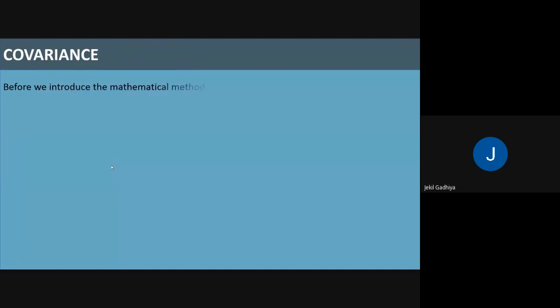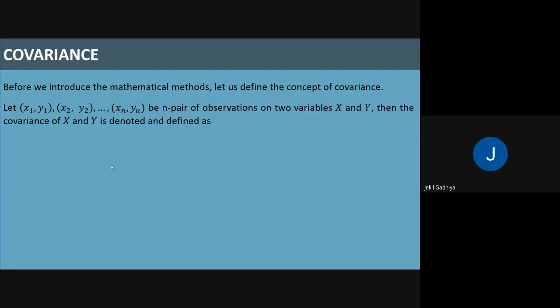Before we introduce the mathematical method, let us define the concept of covariance. Let (x1, y1), (x2, y2), up to (xn, yn) be n pairs of observations on two variables x and y. Then the covariance of x and y is denoted and defined as Cov(x, y) = 1/n summation from i = 1 to n of (xi minus x bar) times (yi minus y bar).